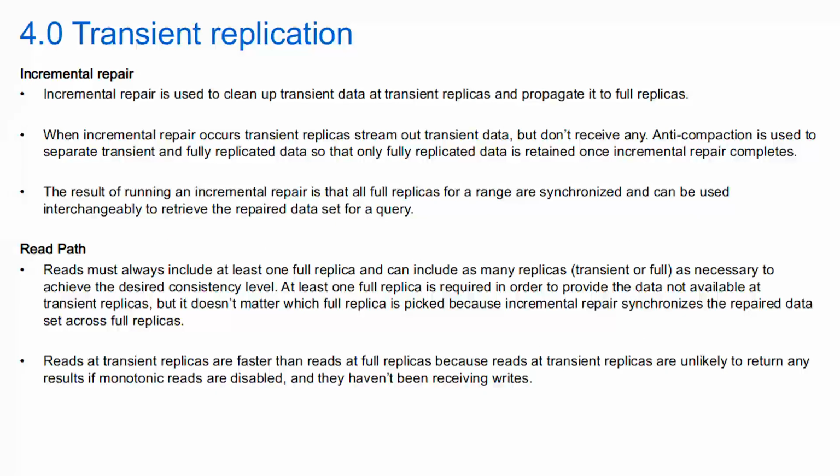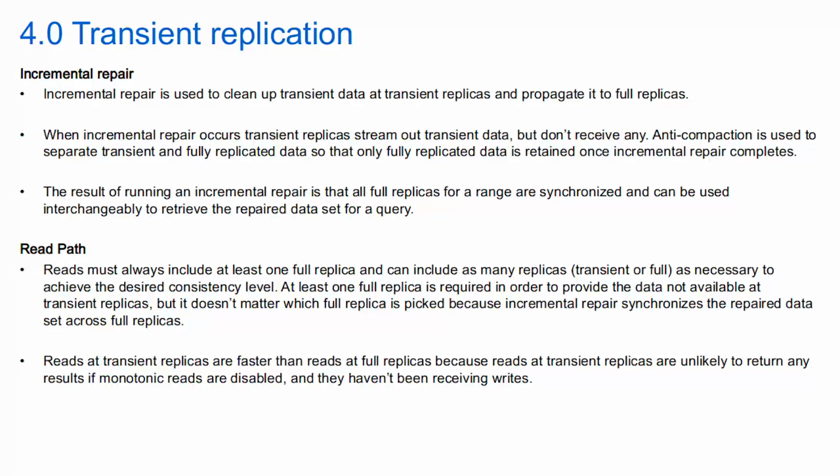The way it's going to work is incremental repair and the read path, something that we are going to talk about soon. One thing to keep in mind is that the whole notion of building these repairs and having read repair, blocking read repair, etc., and the notion of transient replica is to see if Cassandra can move towards immediate consistency as much as possible under many circumstances.